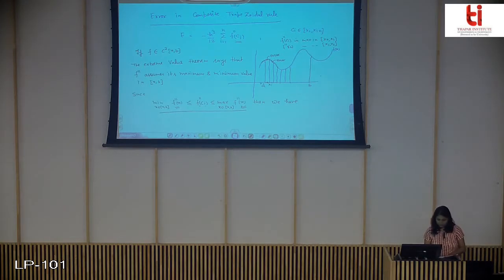So let us write the summation, i equal to 1 to n. Since each value lies like that, we can write it in general: the summation i equal to 1 to n of the minimum of f double dash x is less than or equal to the summation i equal to 1 to n of f double dash ci, which is less than or equal to the summation i equal to 1 to n of the maximum of f double dash x.